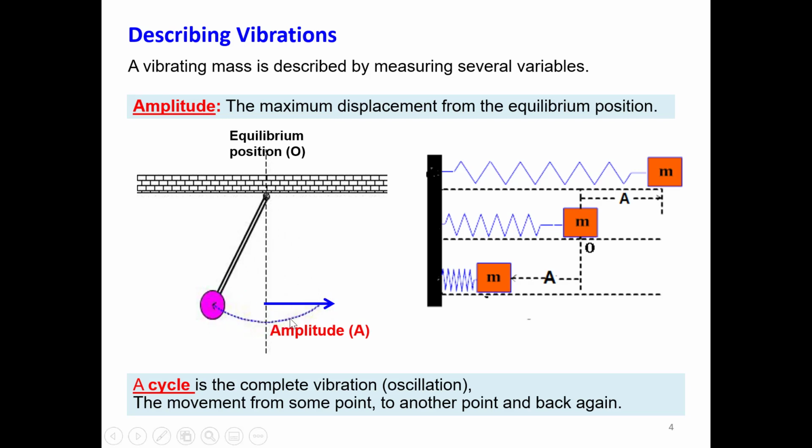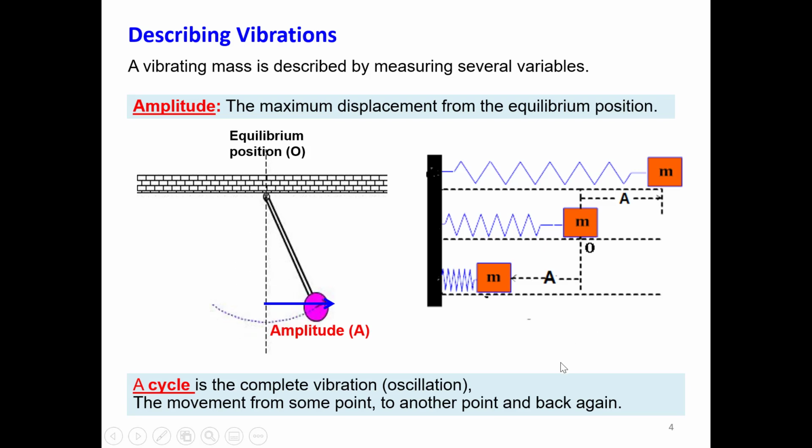This maximum displacement is called the amplitude, and we identify it using the letter A. Then the amplitude is the maximum displacement from the equilibrium position.